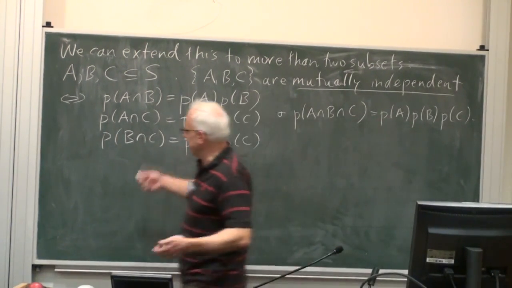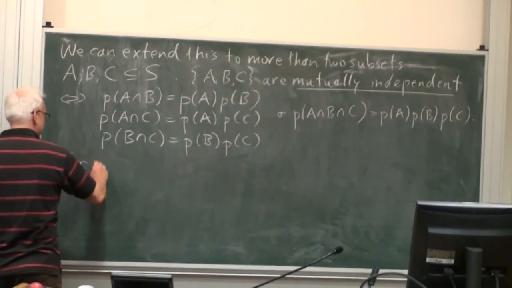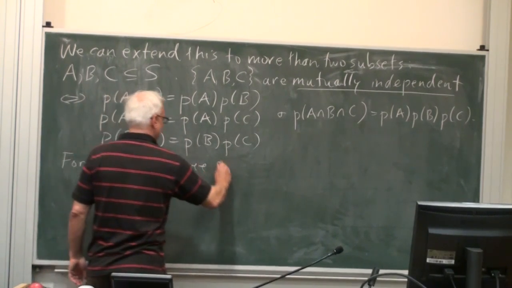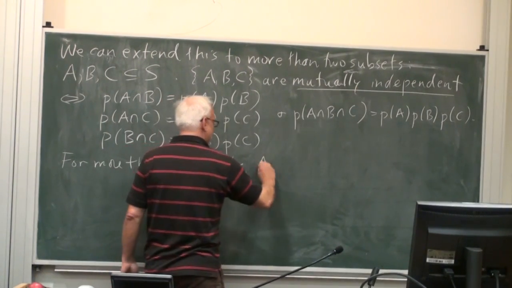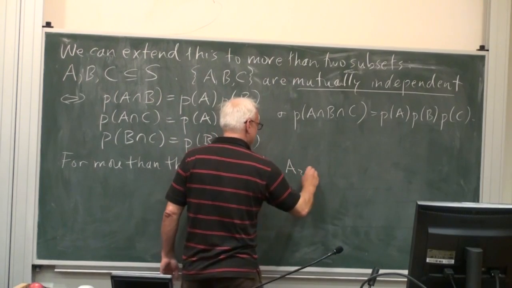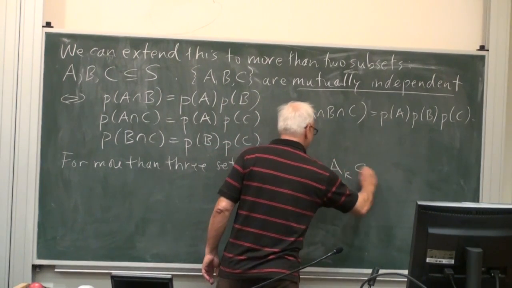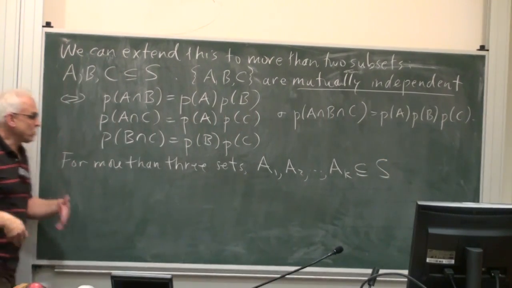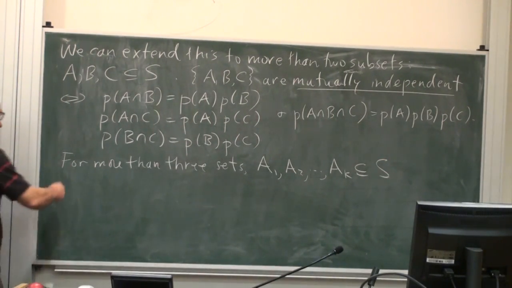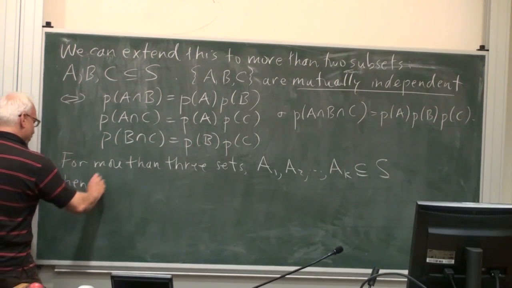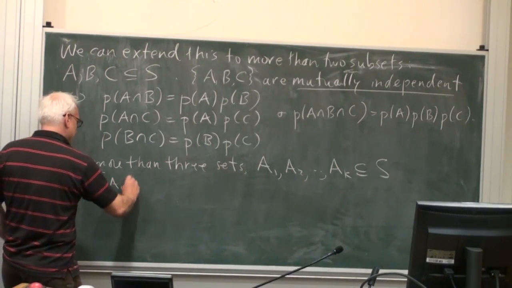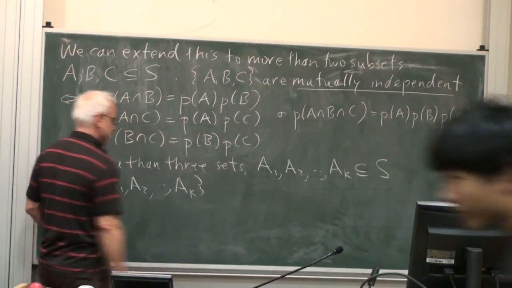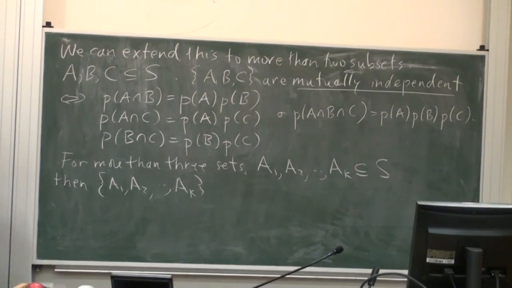Okay, and for more than three sets, for example, let's say A1, A2, up to AK, all subsets of S, we can generalize this by saying that the set A1, A2, up to AK of events is mutually independent.